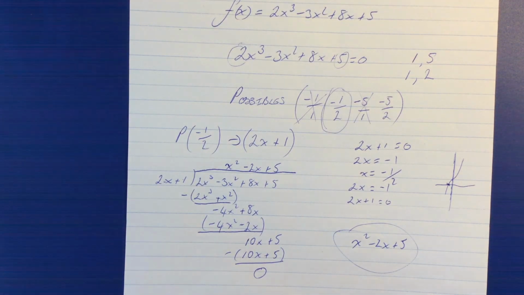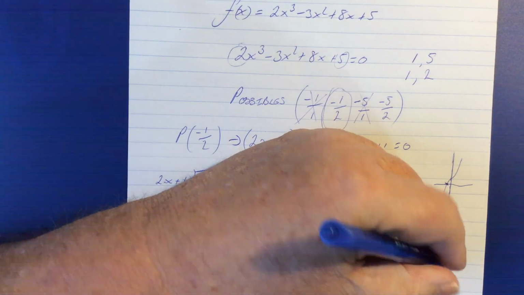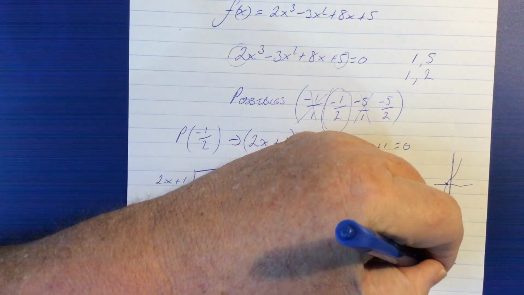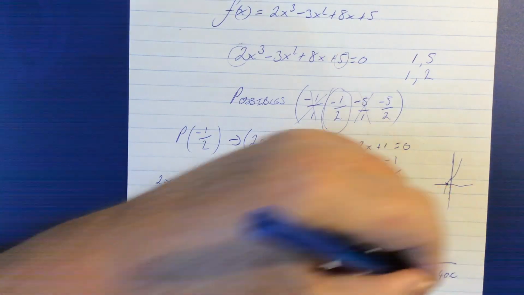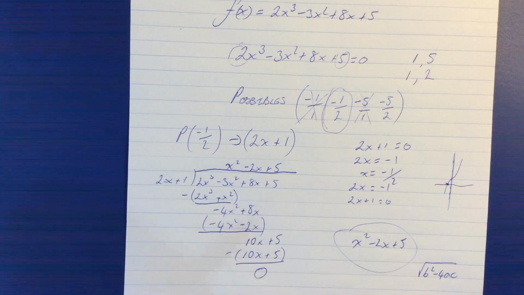You're going to have to try and complete the square or use the quadratic formula. The first thing I would check is the part of the quadratic formula, this little part, and as I've gone this far, I might as well do it to see if there is actually a real solution for this.